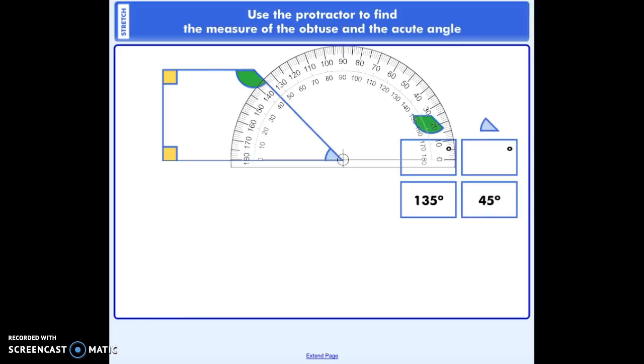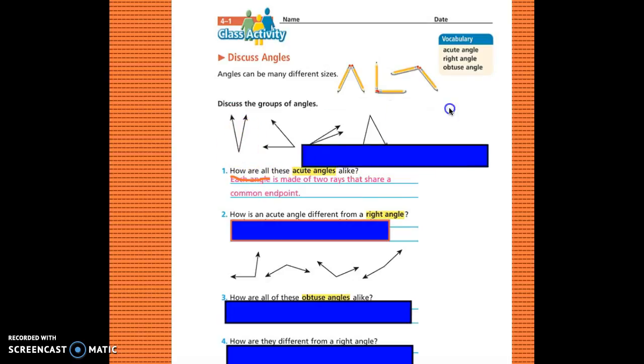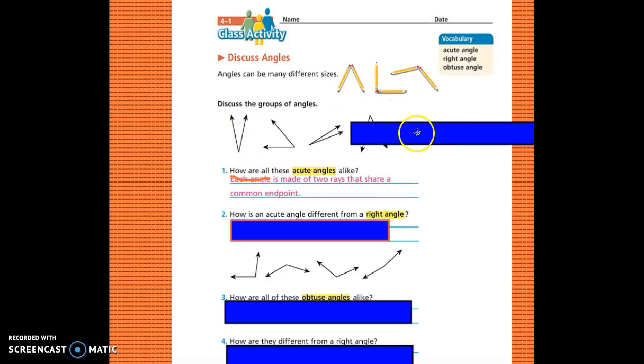A couple other things we should know about acute and obtuse angles. If I look at all these examples up here, these are all acute angles, again, because they're less than 90 degrees. And I think to myself, how are all of these alike? Well, they're all rays connected by a vertex. And let's see if I'm right. Yep, each angle is made by two rays.